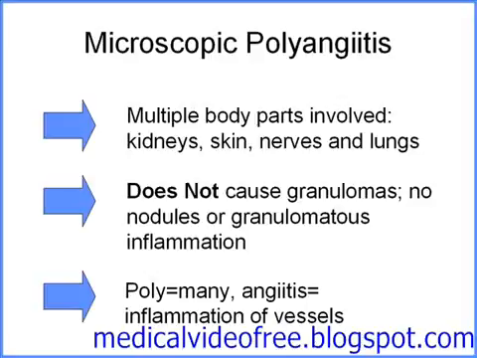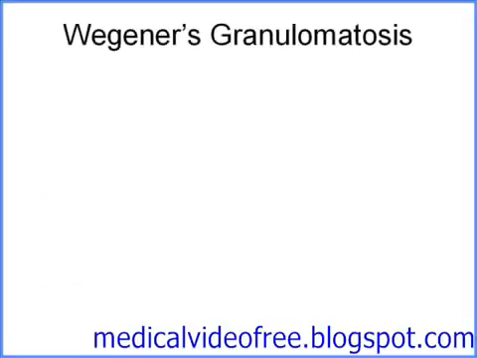Poly means many, and angiitis means inflammation of vessels, because A-N-G is a term that refers to vessels. So polyangiitis means that there's inflammation of a lot of, in fact, different types of vessels in different locations. And microscopic just emphasizes that ANCA disease tends to attack small vessels rather than bigger vessels.